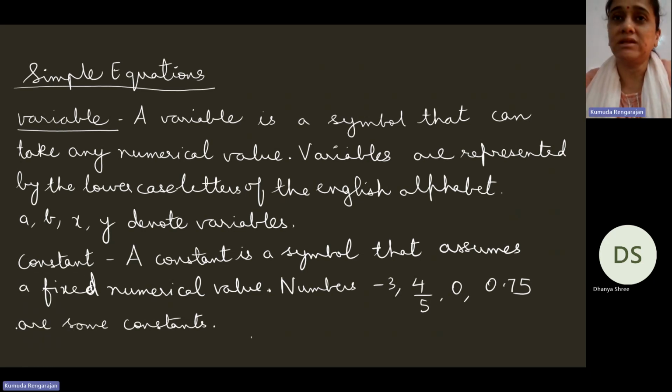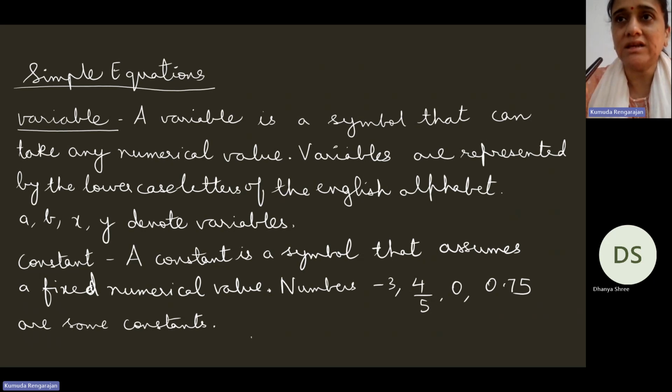A variable is a symbol that can assume any numerical value. But a constant is a symbol that takes a fixed numerical value. That's the difference between a variable and a constant. Both of them are symbols.